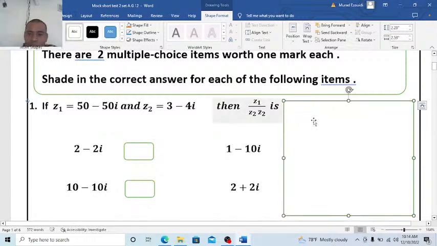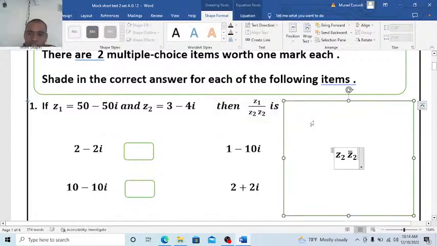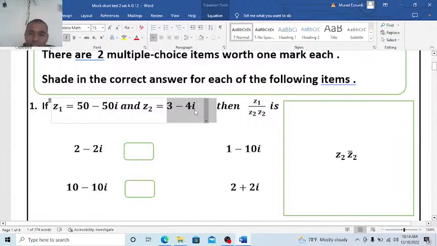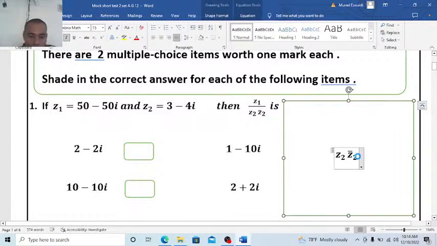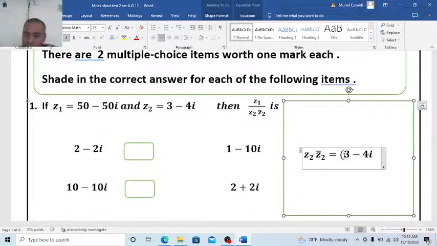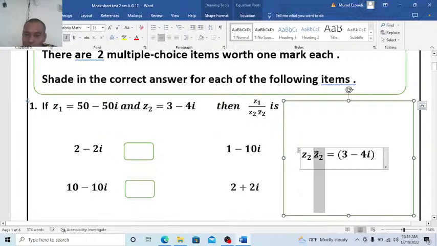First of all I will paste this here. We have Z2 is 3 minus 4i, which I will write here, equal to 3 minus 4i, multiplied by the conjugate number of Z2.